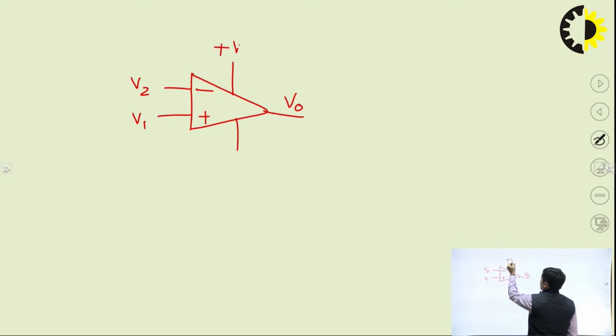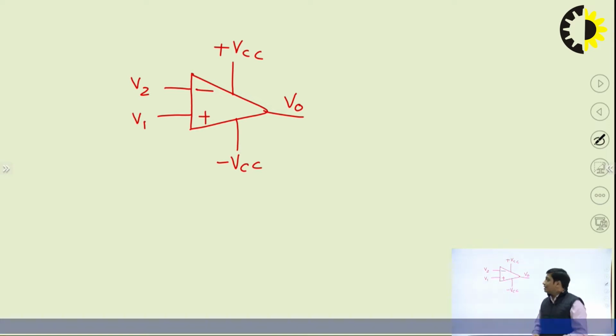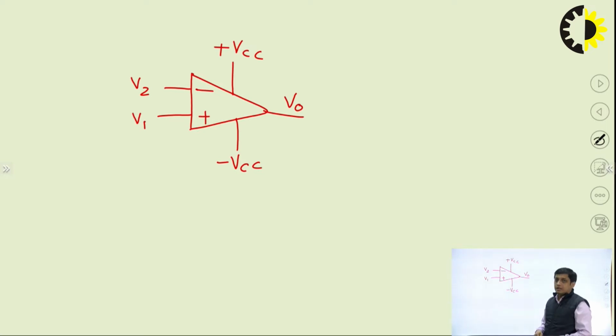One is positive, that is plus VCC, and another one is negative supply, that is minus VCC. You can see that in this circuit there is no feedback path. Output is not connected to any input terminal. So we can say that this op-amp is in open loop configuration.